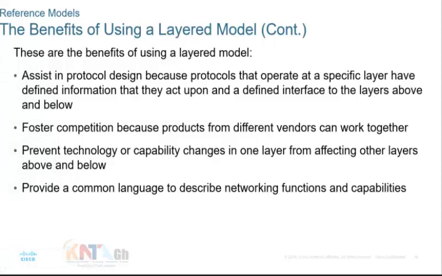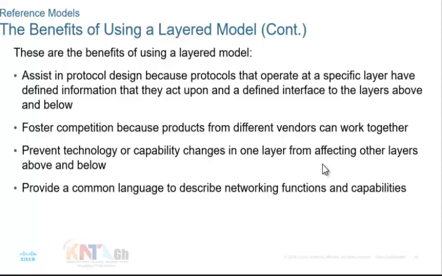What are the benefits of a layered model? Now, a layered model assists in protocol design because protocols that operate in a specific layer have defined interfaces to the layers above and below.